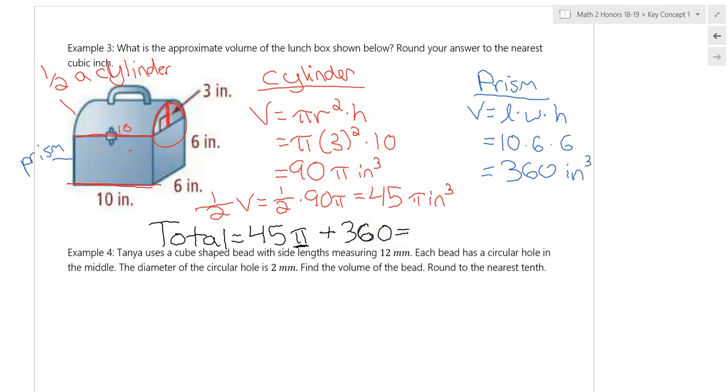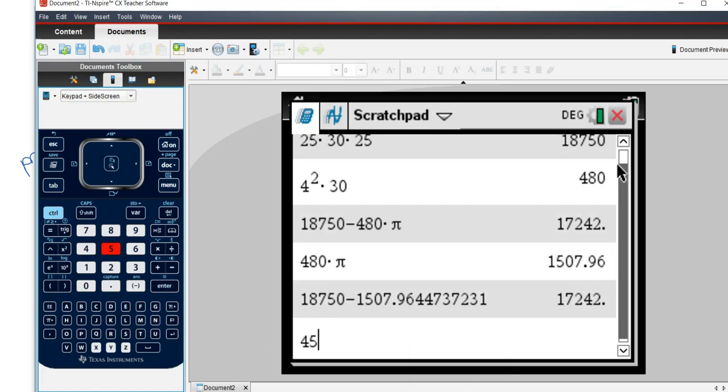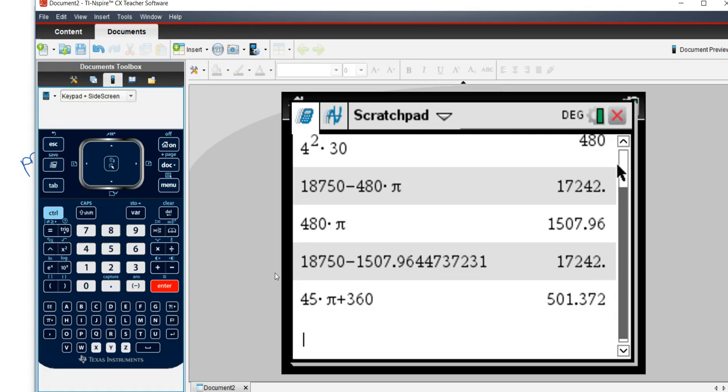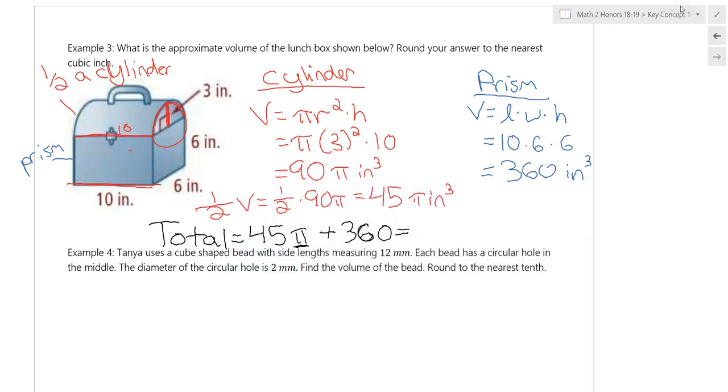Again, I only have one pi, so I'm typing pi into my calculator. It's also telling me to round. What is it? 45 pi plus 360. It's telling me to round to the nearest inch, so I'm going to round to 501 inches cubed. Okay.